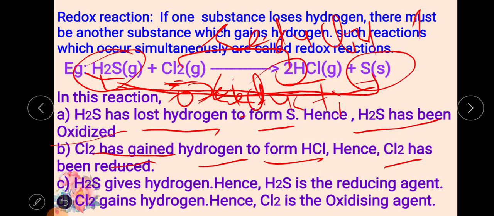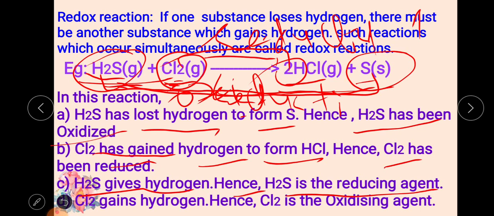Then next, which are the reducing agents and oxidizing agents? Reducing agent and oxidizing agent both are in the reactants only, not in the products. H2S gives hydrogen, hence H2S is the reducing agent. It left hydrogen, so it helped the chlorine become HCl.